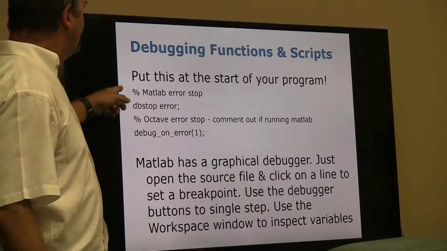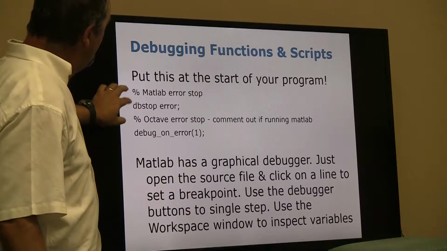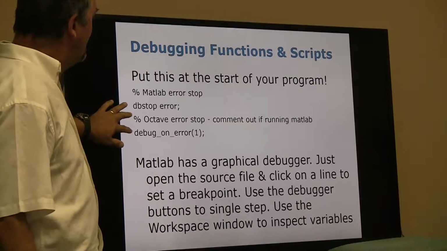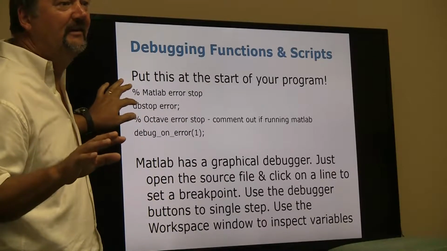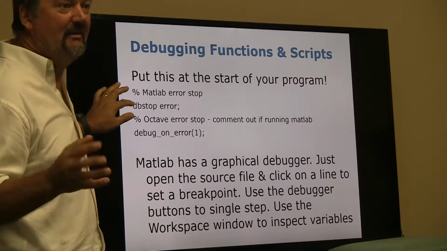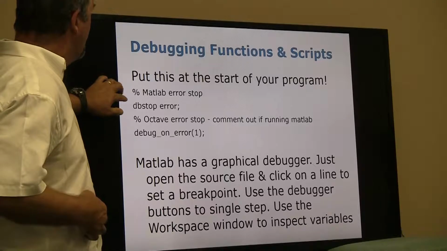Debugging functions and scripts. So I've got here the Matlab and the Octave. This is one of the places that you find some differences between Matlab and Octave, in debugging.